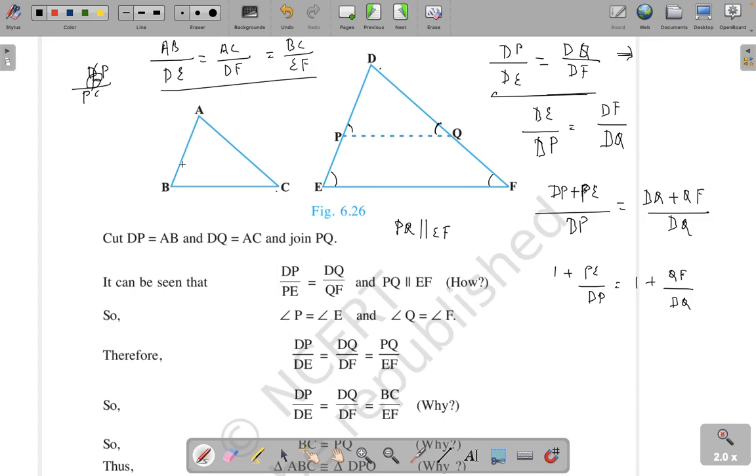We already took AB as DP and AC as DQ. So AB is equal to DP and AC is equal to DQ. Now what else do we need to prove? One more thing, either side or angle.